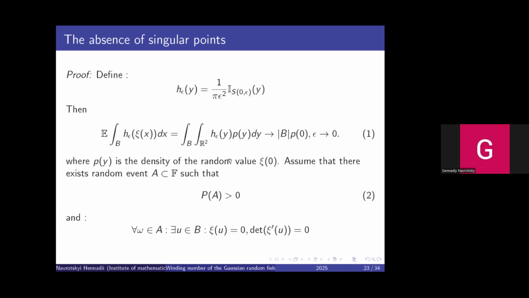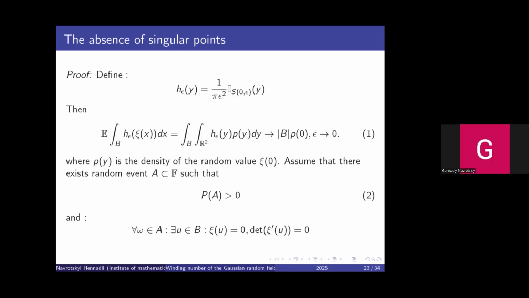In order to prove it, we just use the approximation of the delta function h epsilon. When h epsilon converges to 0, then our expectation converges to some finite value proportional to the area of the compact B. But then let's assume the contrary statement holds.